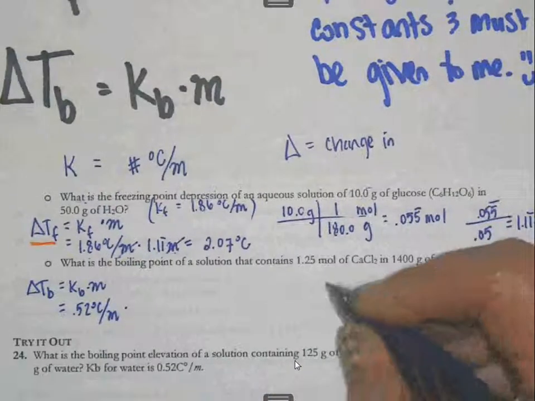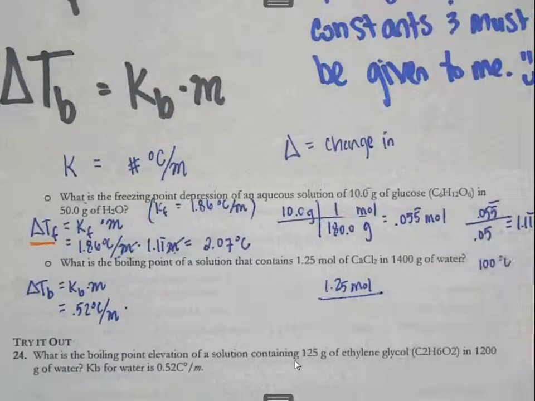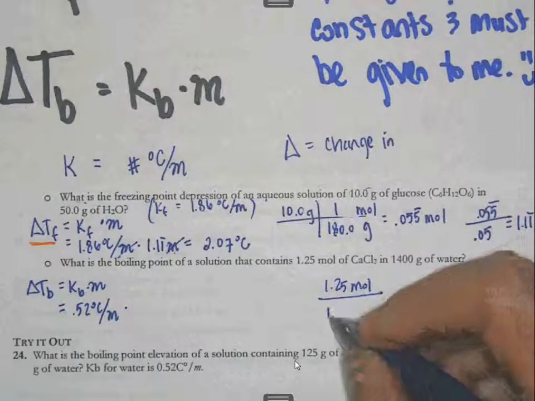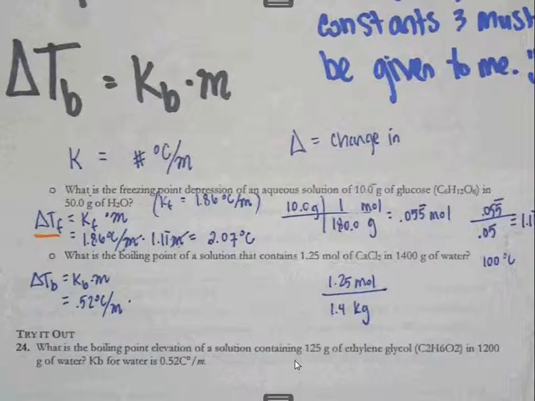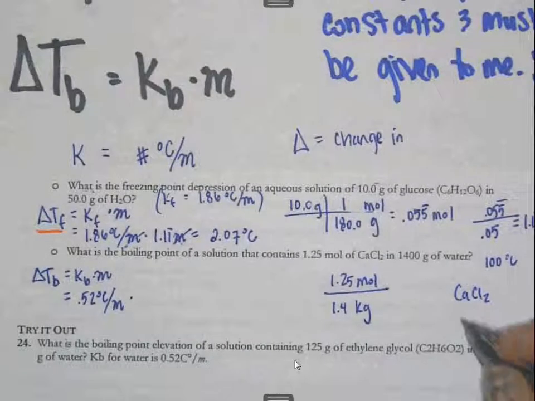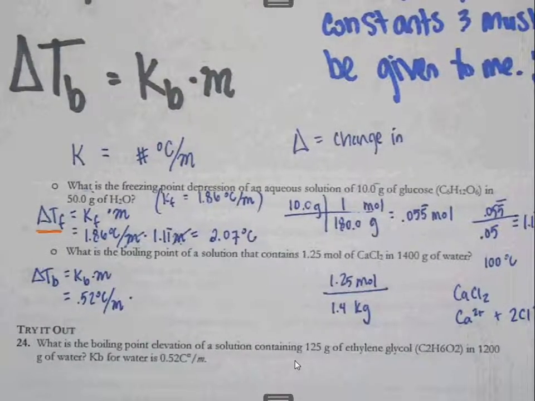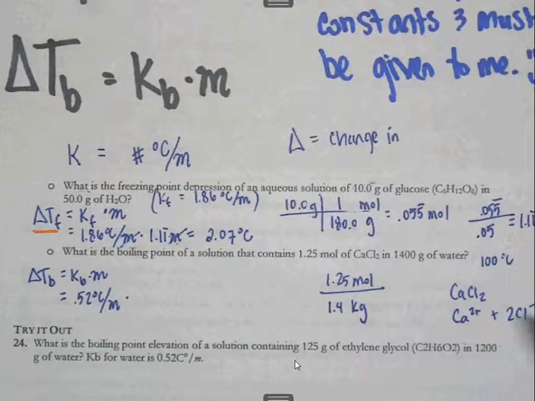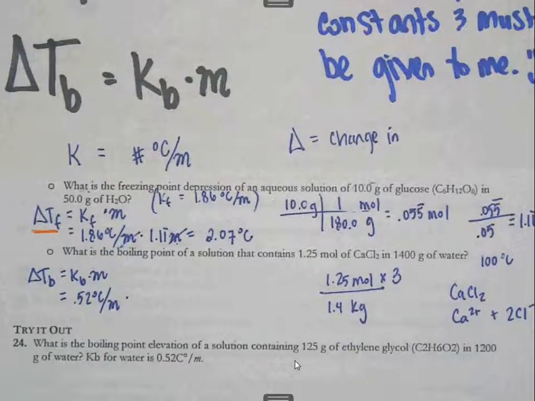So this is going to be 1.25 moles of CaCl2 in 1.4 kilograms of water, but not so fast. Whenever you put CaCl2 in water, it breaks up and makes a calcium ion and 2 chloride ions. That's just as good as making 3 moles instead of 1 mole. So I'm going to take this number and I'm going to multiply it by 3.